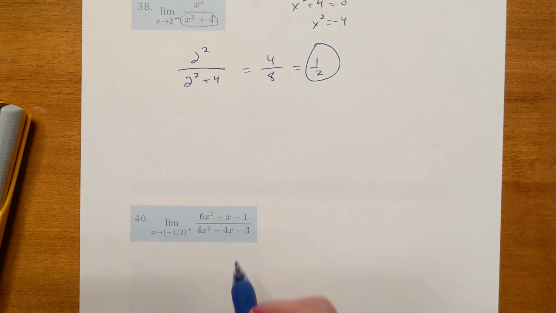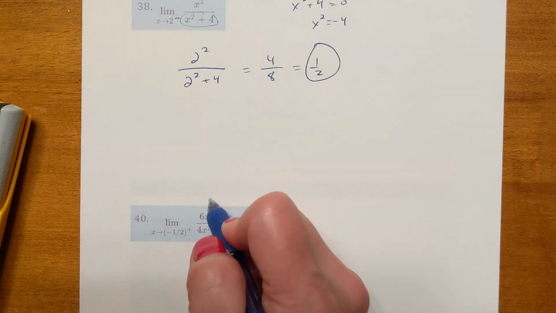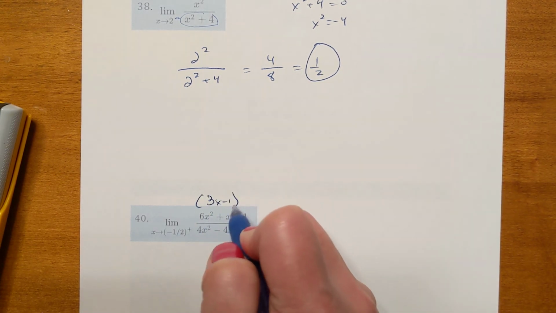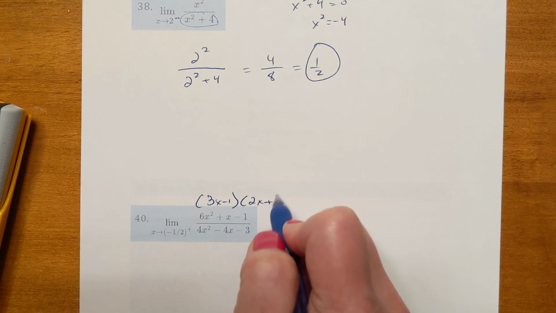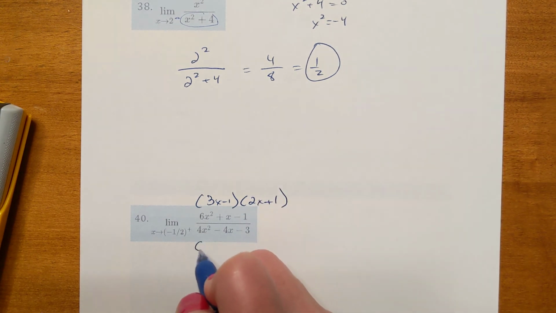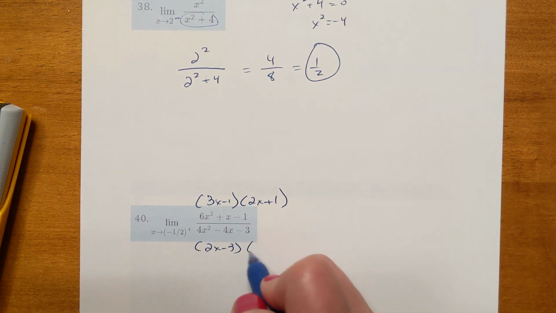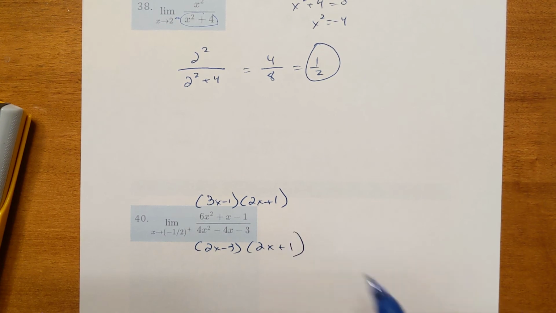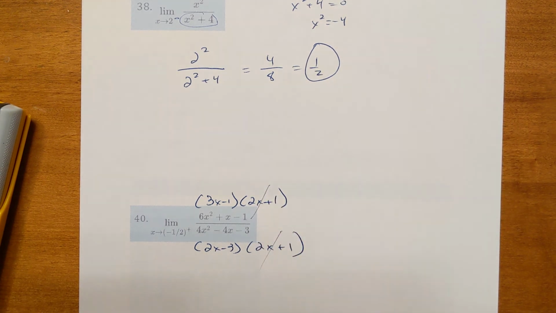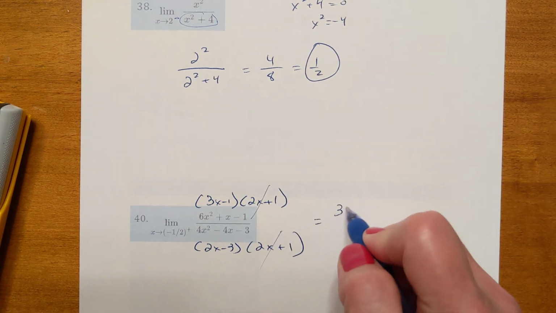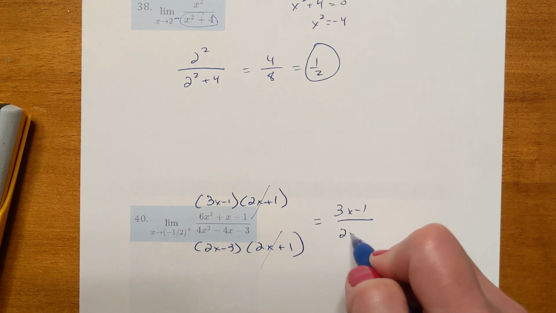Then down here, this one factors too. It factors into 3x minus 1 times 2x plus 1. And on the bottom, this factors into 2x minus 3 times 2x plus 1. So at negative 1/2, you can see that cancels out. That one's gone. So what that leaves behind then is 3x minus 1 over 2x minus 3.